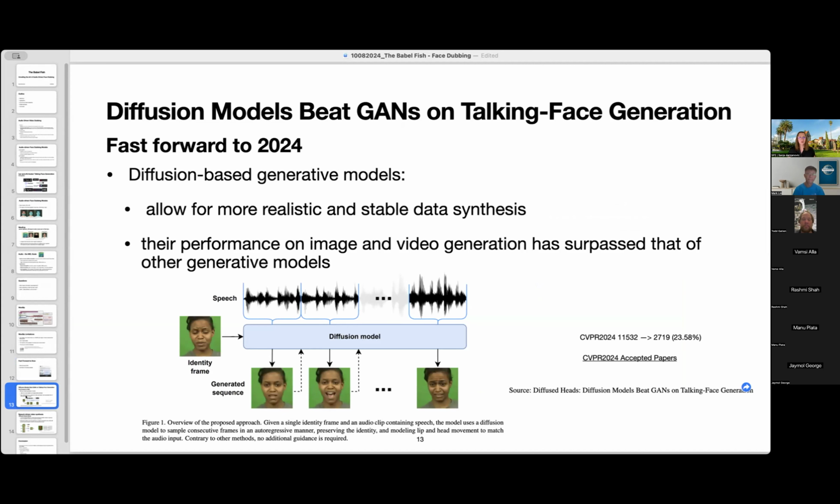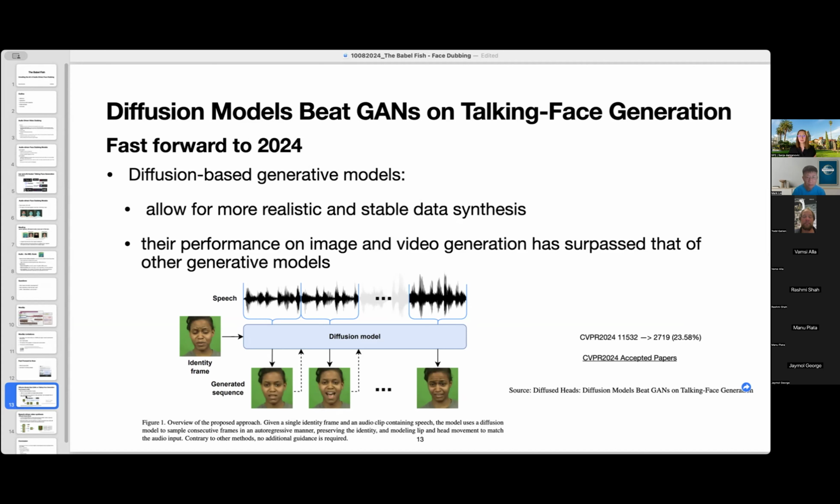That is a model for lip syncing based on diffusion models that are now much better than GANs. These diffusion-based generative models allow for more realistic and stable data synthesis. And their performance on image and video generation has surpassed that of other generative models. So I found this paper that was published at one of the most prestigious AI conferences, the Computer Vision and Pattern Recognition Conference from 2024.